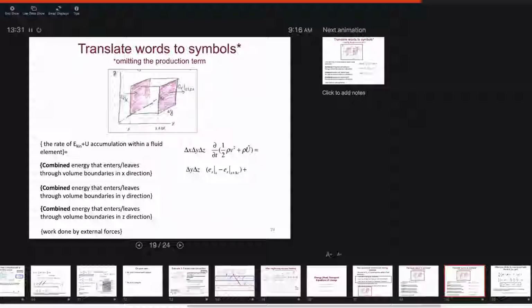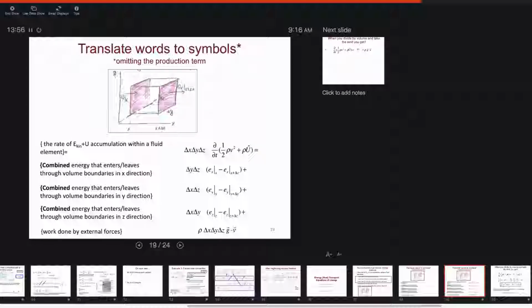And now I have two more terms that are basically similar. They're just in y direction and z direction. Okay. And then at the end, I have work done by the external forces. So I have gravity, basically mg dot v, right? M is rho times volume of the element.